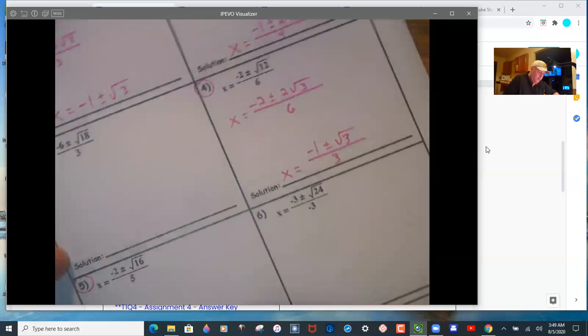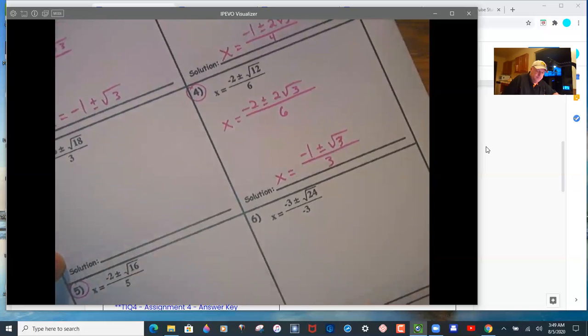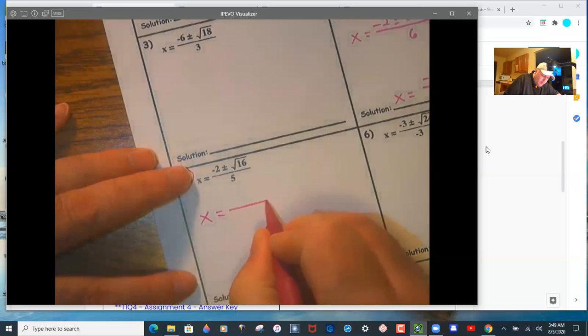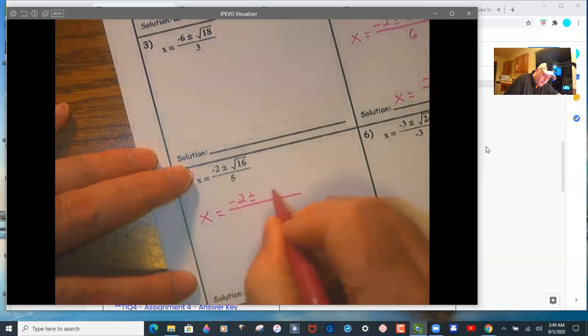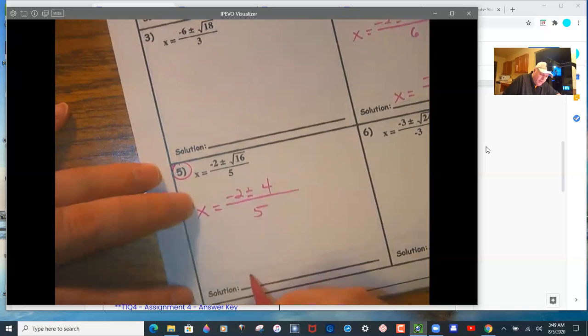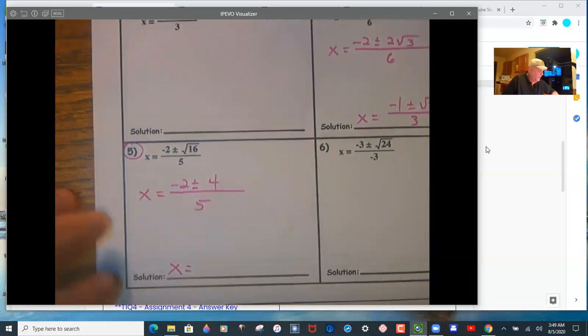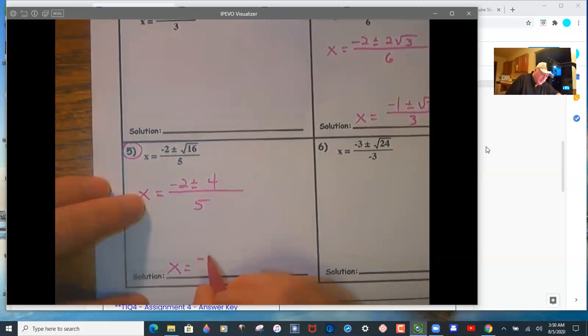Number 5, notice here that the square root of 16 is going to work out perfectly, and that does happen sometimes. And so now you just have to do, what is -2 minus 4 over 5? That's -6 over 5. And what is -2 plus 4 over 5? That's 2 over 5.